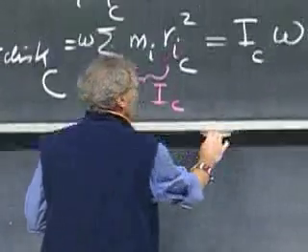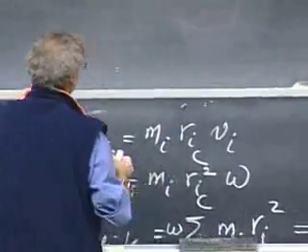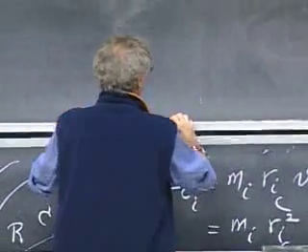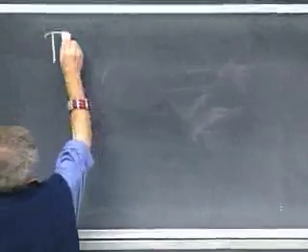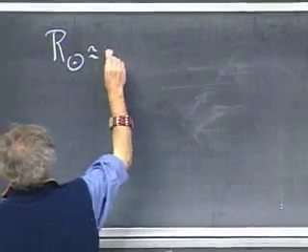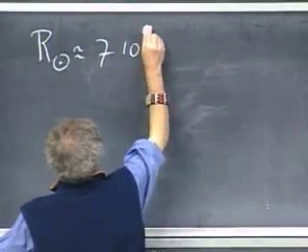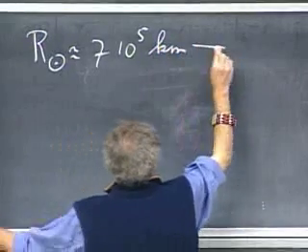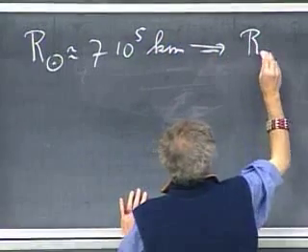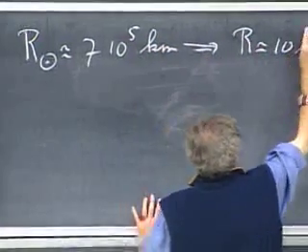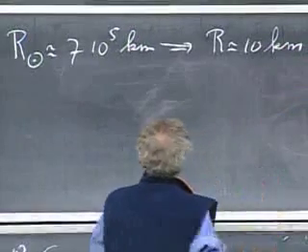It's just to get some feeling for the numbers. So we take an object like the sun, which has a radius of about 700,000 kilometers, and we're going to collapse that to a neutron star which has a radius of about 10 kilometers.